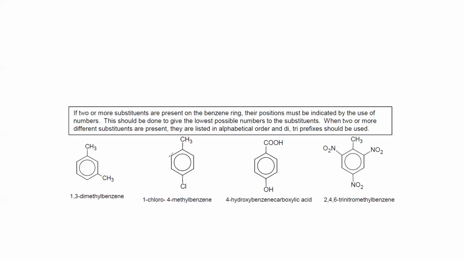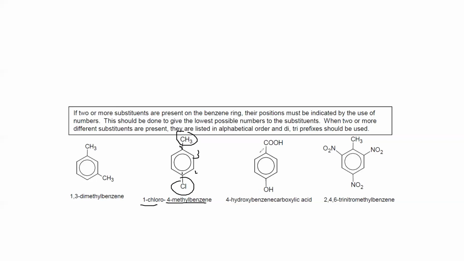In this example, chlorine has a greater effect on the properties compared to the methyl group. That is why chlorine is numbered 1, and the methyl is 4. So it is 1-chloro-4-methylbenzene. There is a table in which we compare which is the priority group according to the substituent.